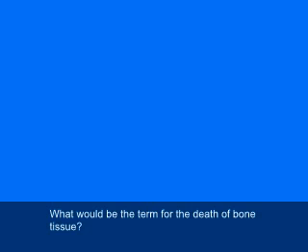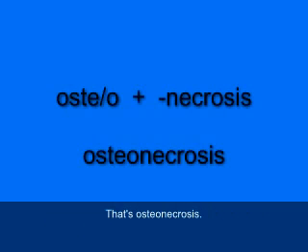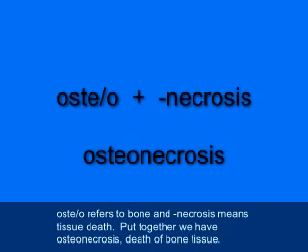What would be the term for the death of bone tissue? That's osteonecrosis. Osteo refers to bone. Necrosis means tissue death. Put together, we have osteonecrosis, death of bone tissue.